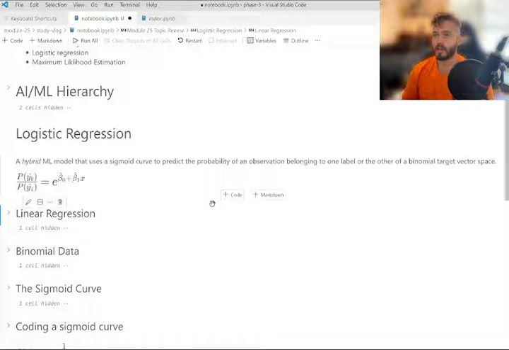It does that using a sigmoid curve, which you'll see here in a second, the logistic S curve that you've probably seen before if you're a mathy person. You've seen this beta hat 0 plus beta hat 1 times x term before in our linear regression functions.